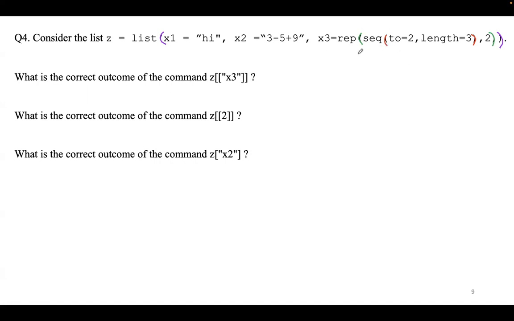So can you tell me the output of seq(2, length = 3)? 2, 3, 4. So this is 2. The last element has to be 2. After that, an increment of 1, then -1, 0... 0, 1, 2, right?